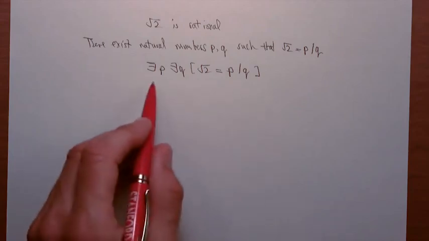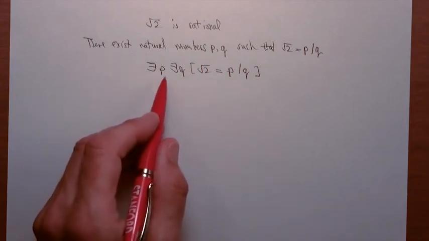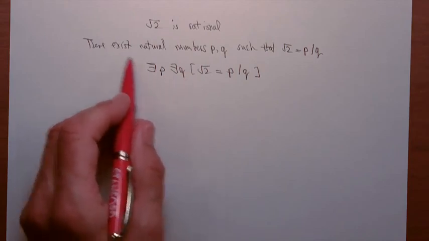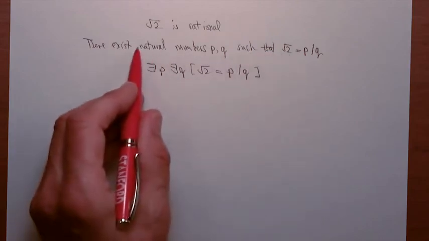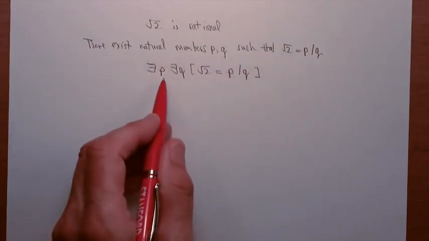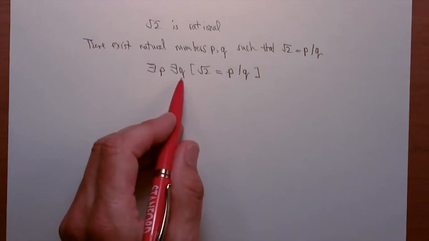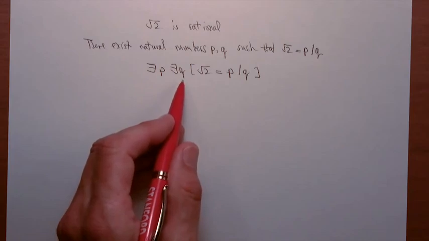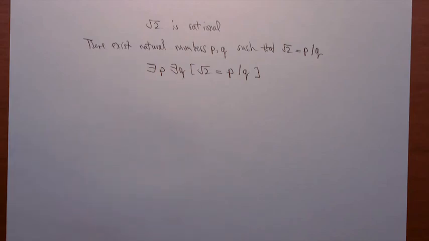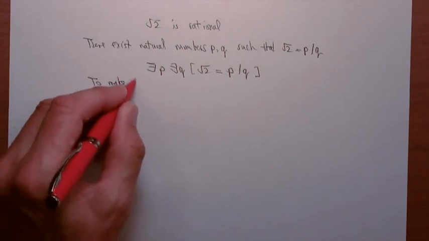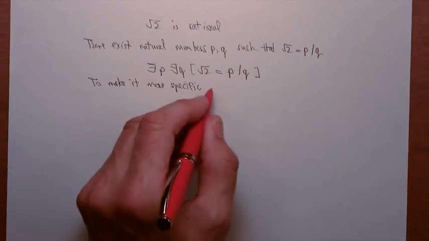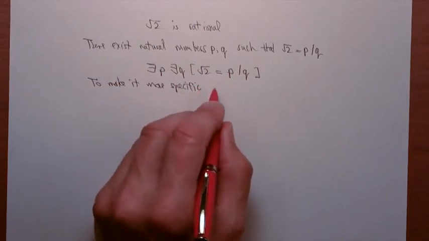Well, this expression is fine so long as we know in advance that p and q denote natural numbers. I mean, here I said it explicitly. Here I didn't. So how do you know that p and q denote natural numbers? Maybe they should denote real numbers or complex numbers. The answer is you make it more specific, and you do that by writing it in the following way.